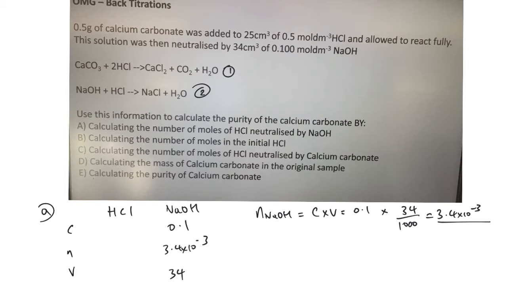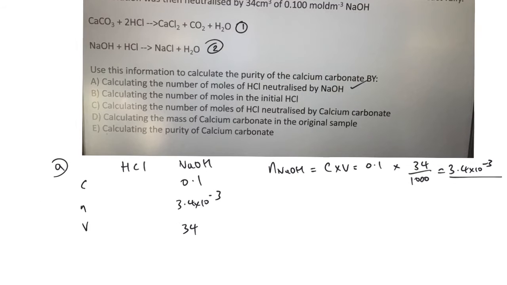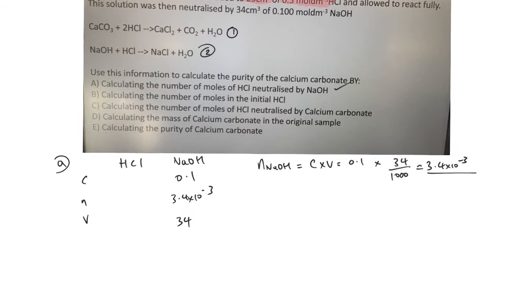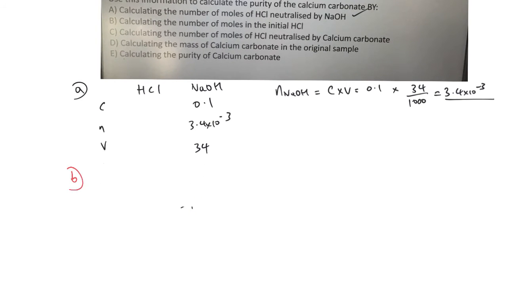I'm going to move this up now. So I've done A. Next thing, I want to calculate the number of initial moles in the hydrochloric acid. So let's look at our initial moles. If I highlight this key information for you, 25 cm³ and a concentration of 0.5. So for B, I'm going to find my number of moles of HCl initial by doing concentration times volume.